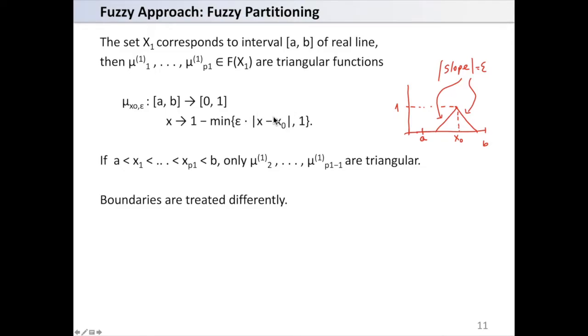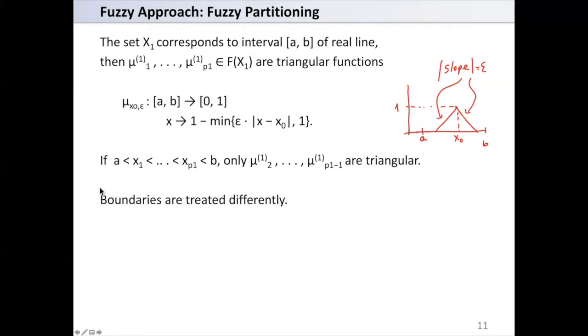We are choosing the minimum of these two, and this is subtracted from 1. For these membership functions from 1 up to p1 on the reference set x1, such that a is less than x1, where x1 is the center for the fuzzy set, and up to xp1, which is less than b, only membership function 2 up to membership function p1 minus 1 on the reference set 1 are triangular.